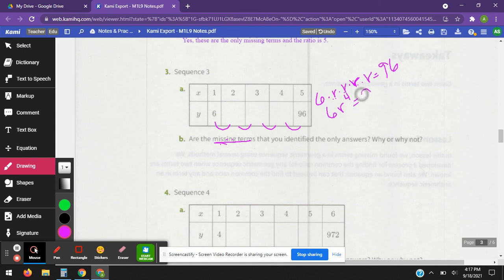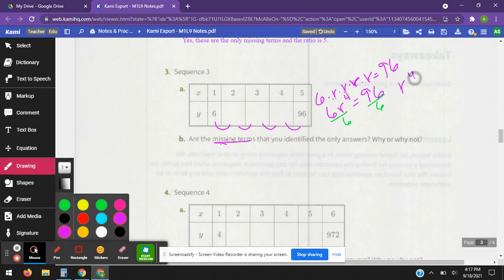6r to the 4th equals 96. So, first of all, I'm going to need to divide by 6. Get my 6 out of there so I can get my r by itself.